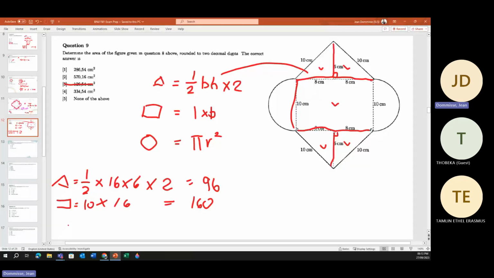And then for a circle, so weird that it doesn't want to draw the circle now.